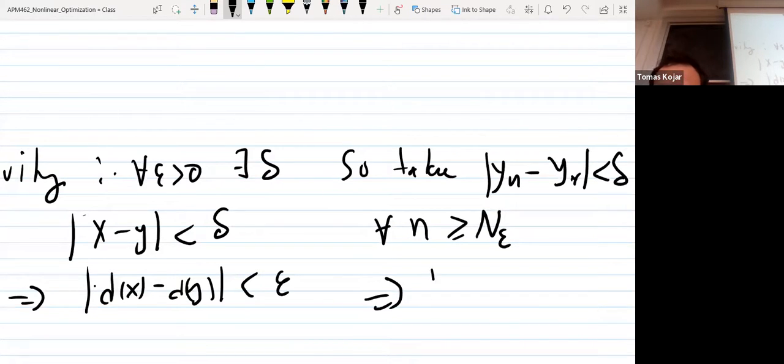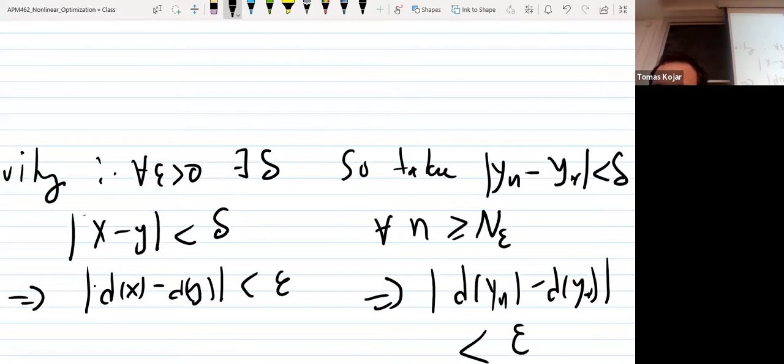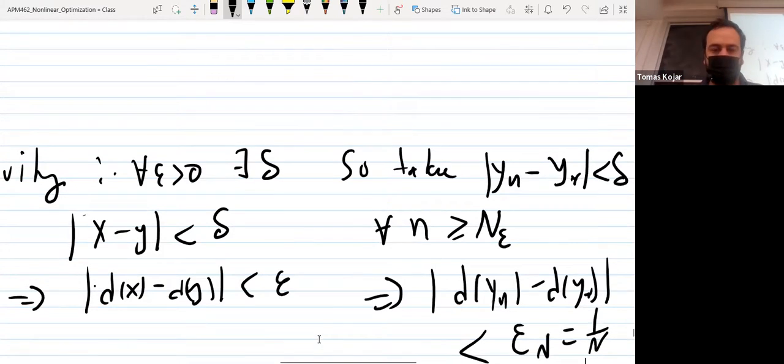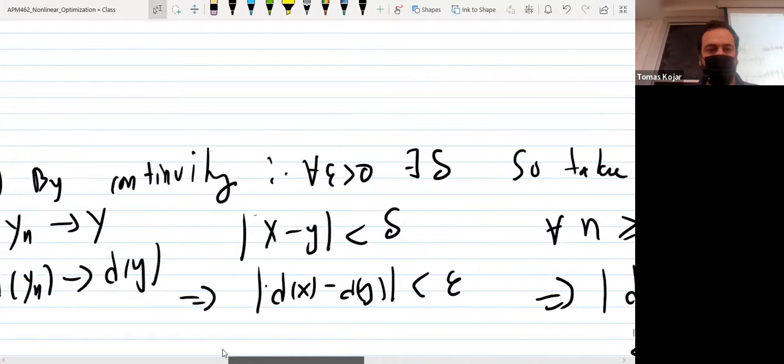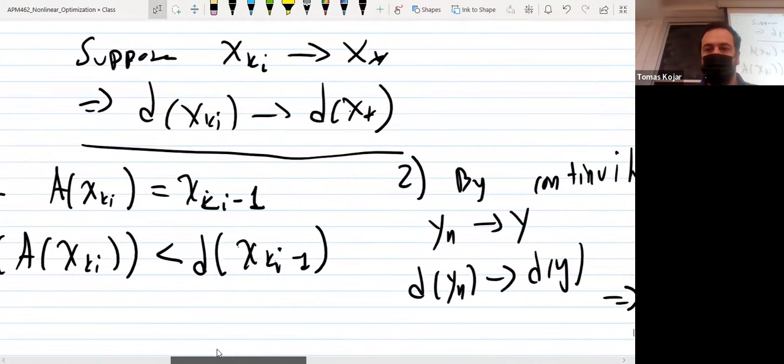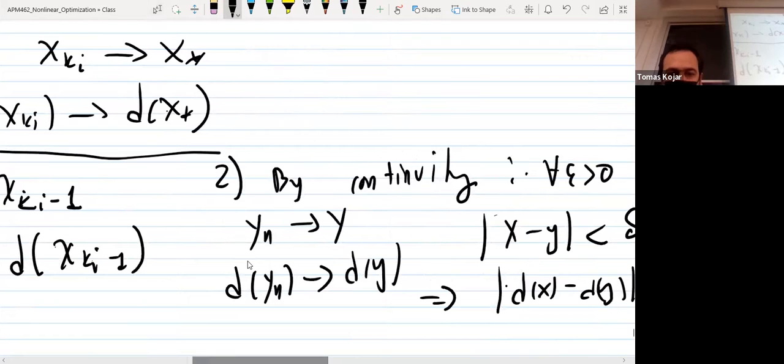So then indeed you get d of yn minus d of y to be less than epsilon. And you can make a sequence out of it. So put an n here, take it like 1 over n, I don't care. All right. So this is called sequential continuity, and it gives you this part.